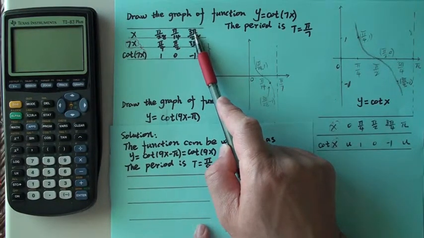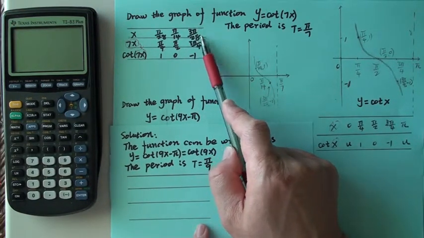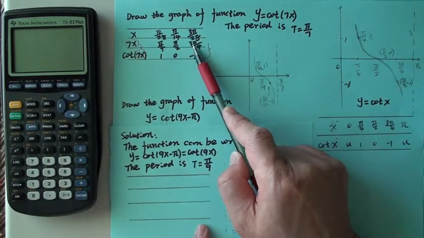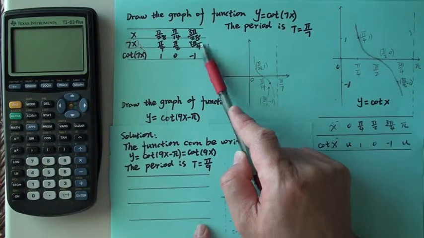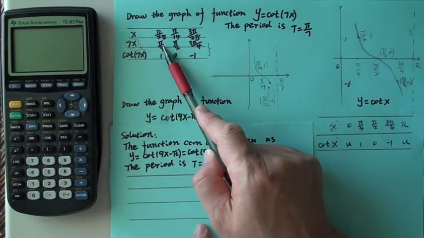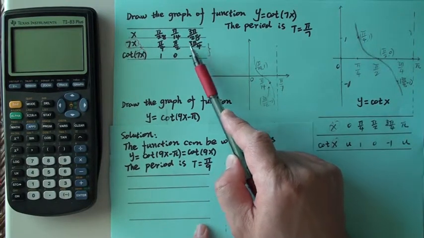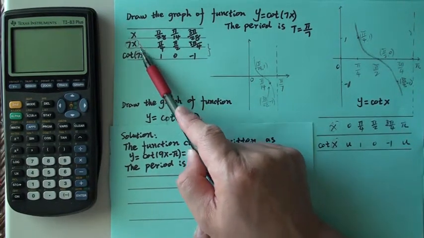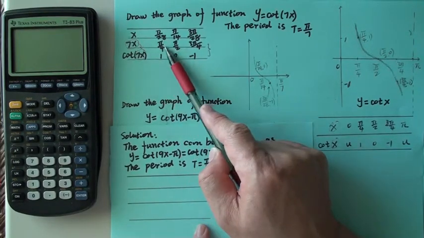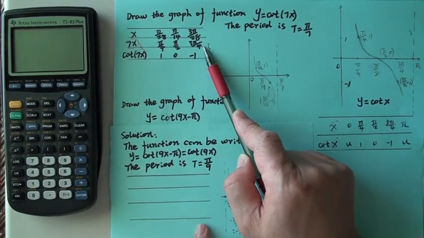When x equals 3 pi over 28, 7 times 3 pi over 28 is 3 pi over 4. So when 7x equals those 3 different values, the quantity here is those 3 different values.